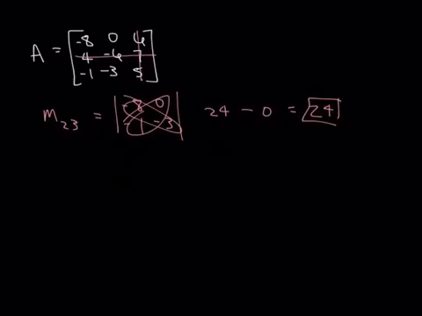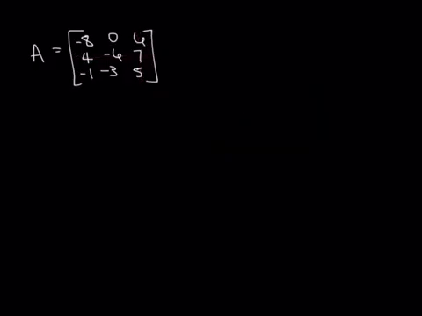So we're not going to get rid of it, but we're just going to talk about what that formula actually does. All that formula actually does, finding the cofactor, is actually finding the minor and then determining whether that minor is positive or negative.